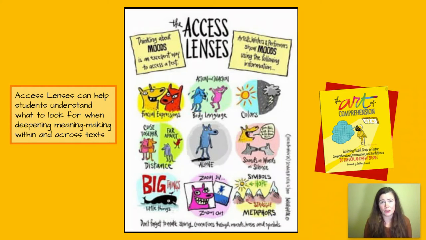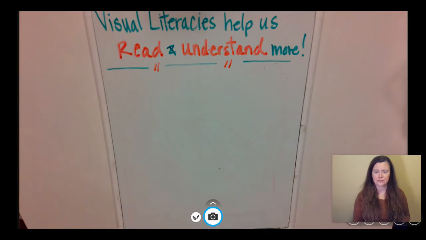Let's take a closer look at some specific visual literacy tools we can apply to images and texts that will help us as teachers plan our lessons, seeing more about the world, and help our students better understand perspective, better understand the deeper comprehension skills that we're asking of them within and across texts.